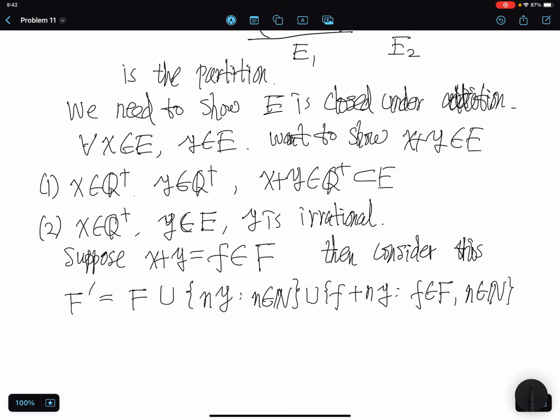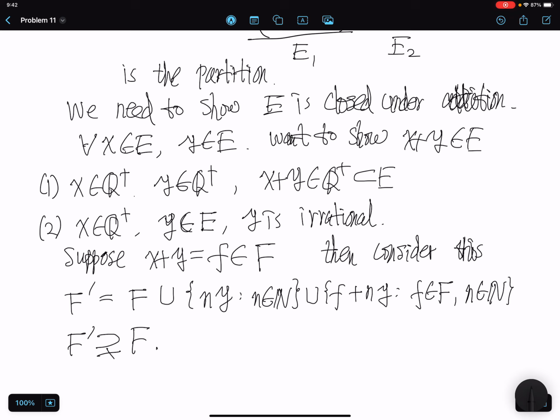Now you can verify clearly F prime is bigger than F, and it's not equal to F because Y is in E, not in F. So it's a bigger one.